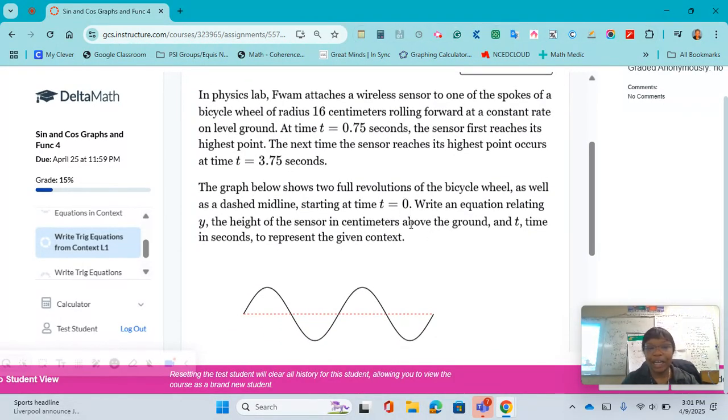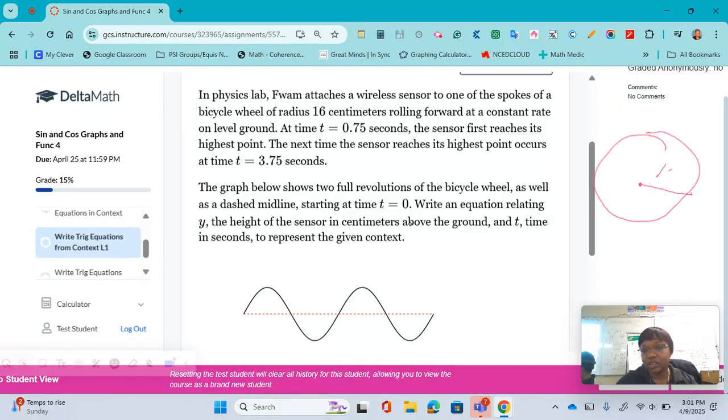In physics lab, Ethan attaches a wireless sensor to one of the spokes of a bicycle wheel of radius 16, so I got a wheel with a radius of 16 centimeters rolling forward at a constant speed on level ground.